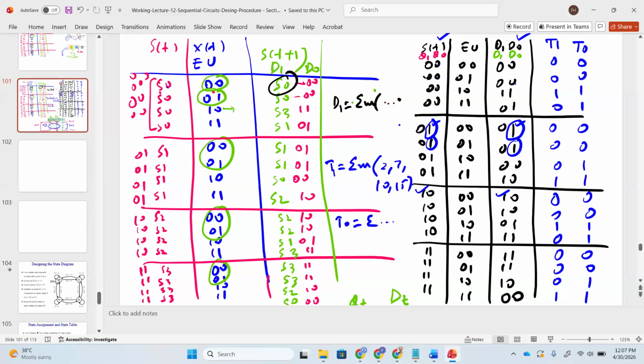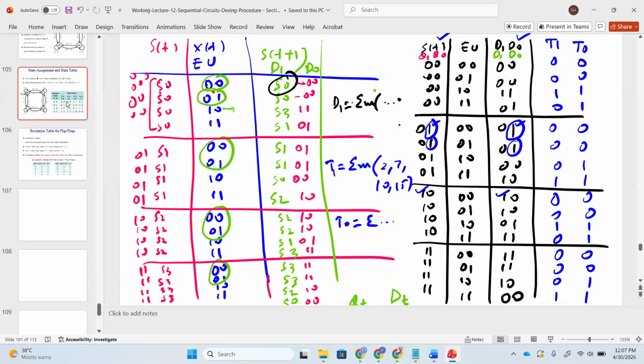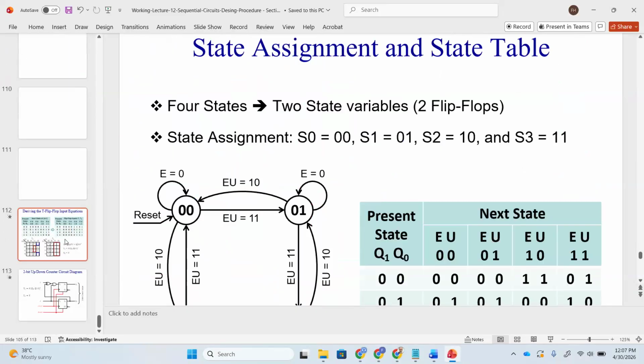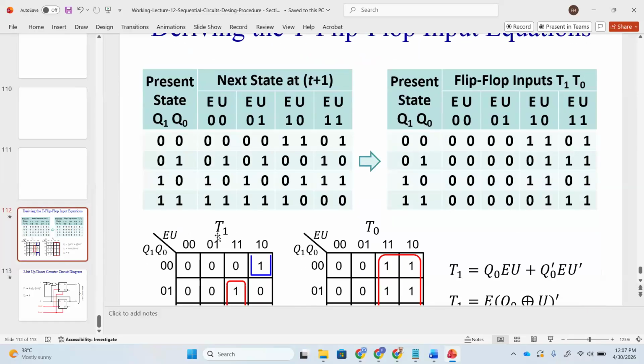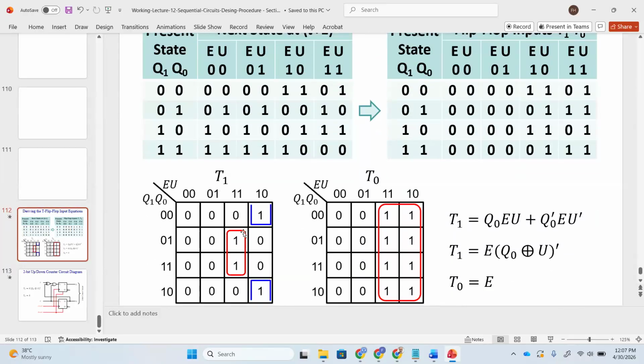And if we do all these things, please remember, for T1 there are 4 ones. And basically we got this expression for T1 and T0. Any question?